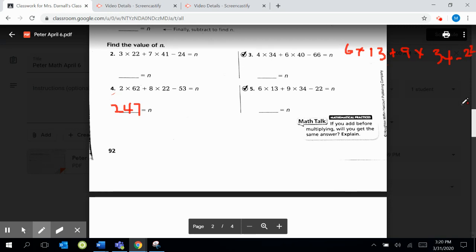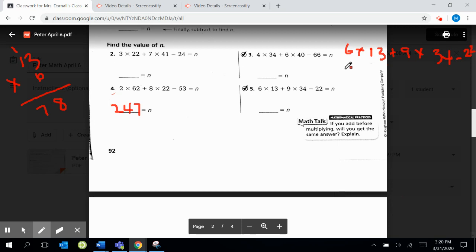Ooh. Okay. So we're going to start from left to right. On the leftmost, I see a multiplication problem, so I'm going to do that. And it's 13 times 6. Okay? 3 times 6 is 18. Carry the 1. 6 times 1 is 6, and 1 more is 7.